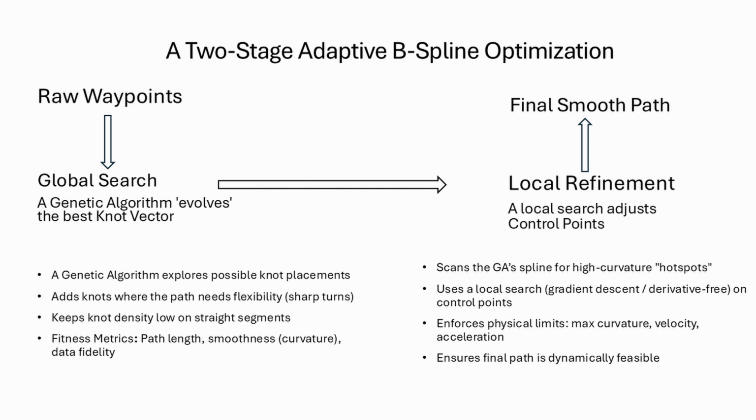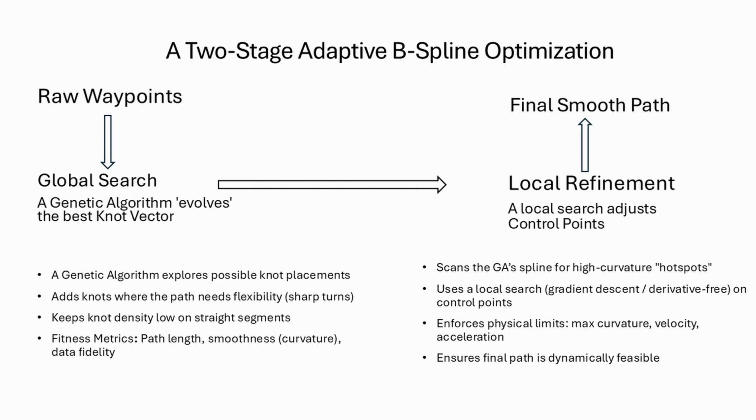It scans the entire curve looking for any remaining hotspots, small segments where the curvature might still be too high for the UAV to handle safely. When it finds one, it performs a very localized adjustment to the nearby control points, smoothing out those specific segments without disturbing the rest of the optimized path.